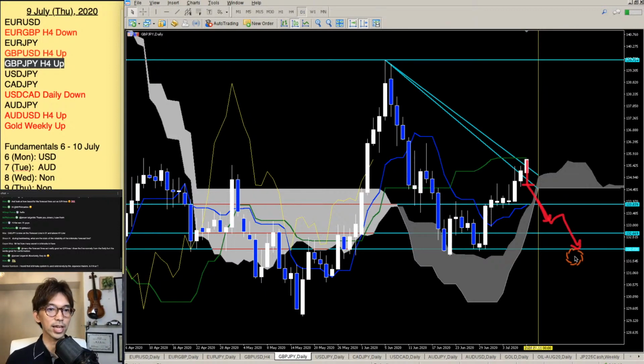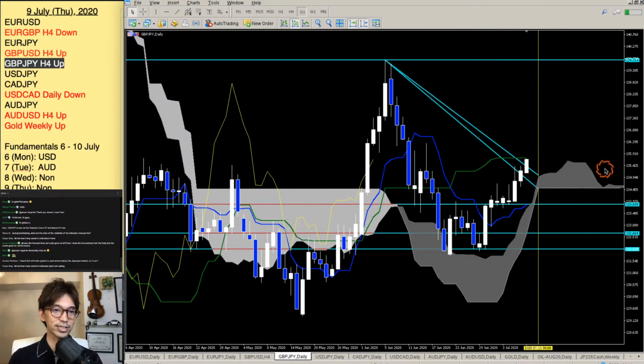So the topic for today on this particular pair, GBPJPY, is that whether the close price for today is going to be above the forecast line, in the middle of the forecast line, or below the forecast line is the key. So make sure not to jump into the market in this kind of condition. I would look at the smaller time frames and see whether this is okay to buy or not.